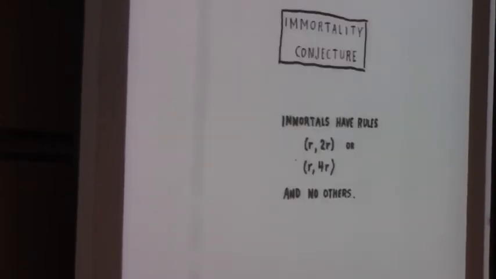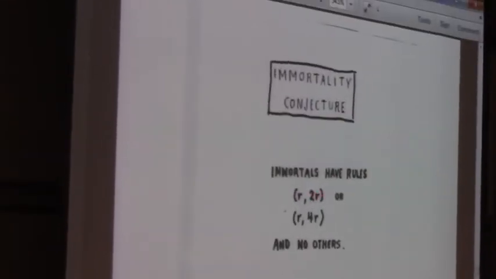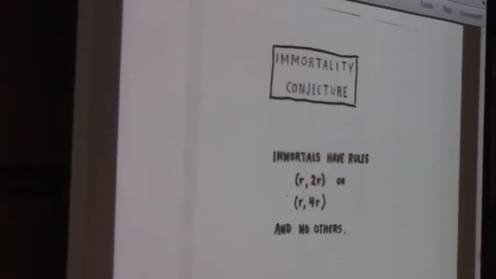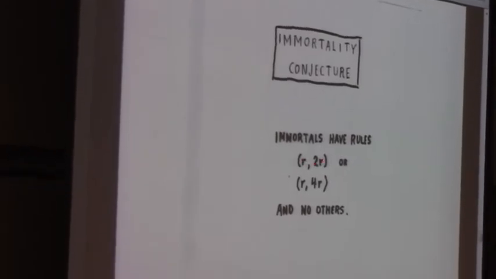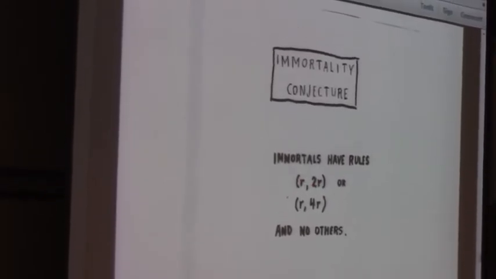We made a conjecture as to which ones are immortal, and they always have to have the form either R, 2R or R, 4R. For initial conditions 1, 1, 1, almost none of them are immortal, but for initial conditions 1, 2, 3, 4, all of these seem to be immortal. Seem to be.